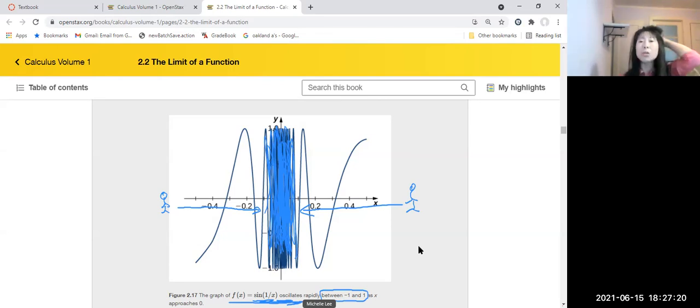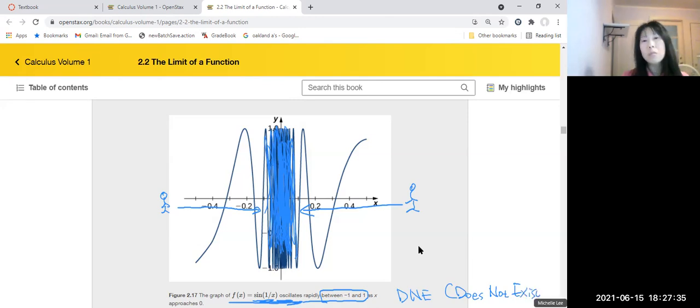When x approaches 0, we said that does not exist, all right? So DNE. Okay. All right. Let us go back to the whiteboard.